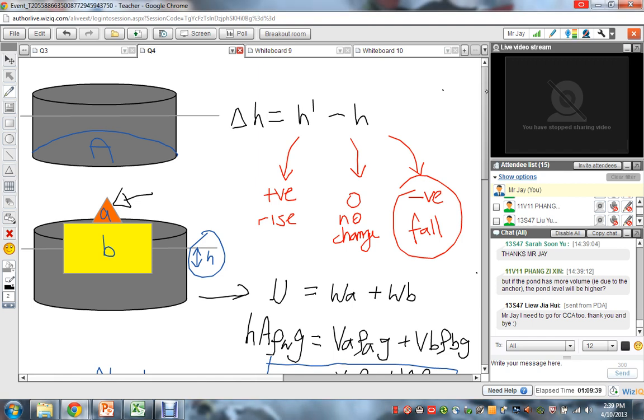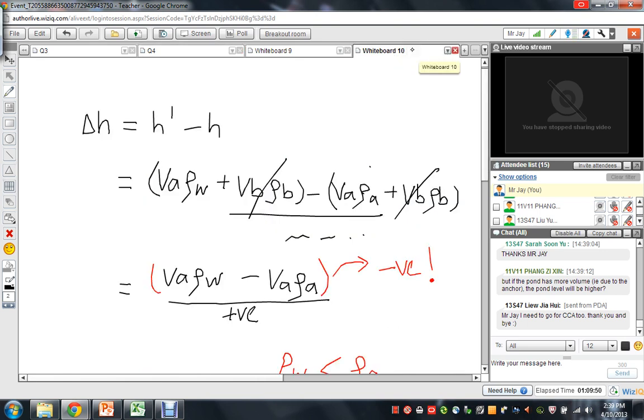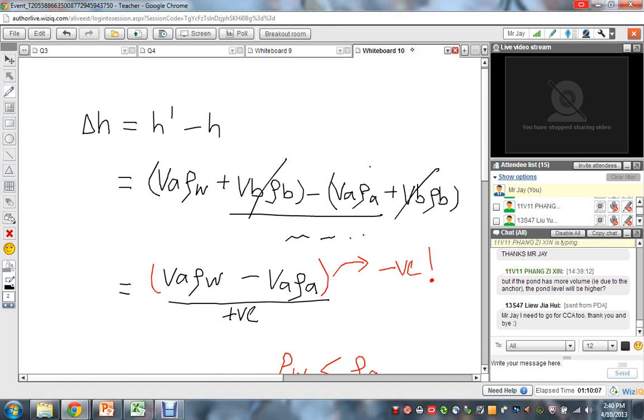If the upthrust after the anchor is thrown into the water is higher, then the water level will rise. But unfortunately in this case we have shown that the numerator here is a negative numerator. So if it's a negative numerator, it means that the total upthrust of the anchor and the boat after the anchor was thrown in is lesser than before when the anchor was on top of the boat. So therefore, the height of the water must decrease.